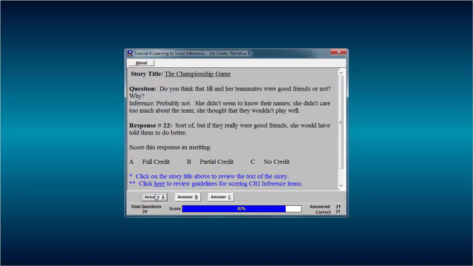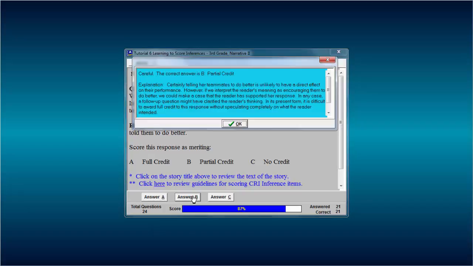Moving to 22. When we get to 22 here, listen to what this student says. Sort of. But if they really were good friends, she would have told them to do better. Now, here she's focused on the concept of trust. But she could have developed it just a little better. Watch.